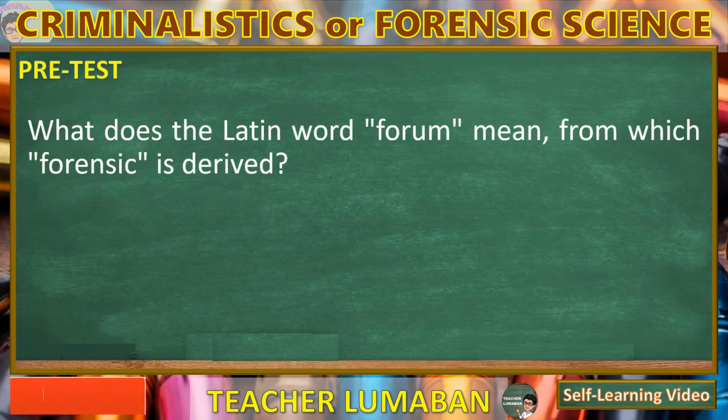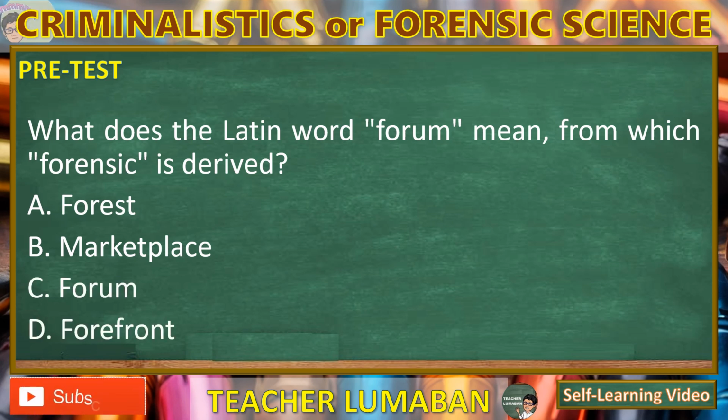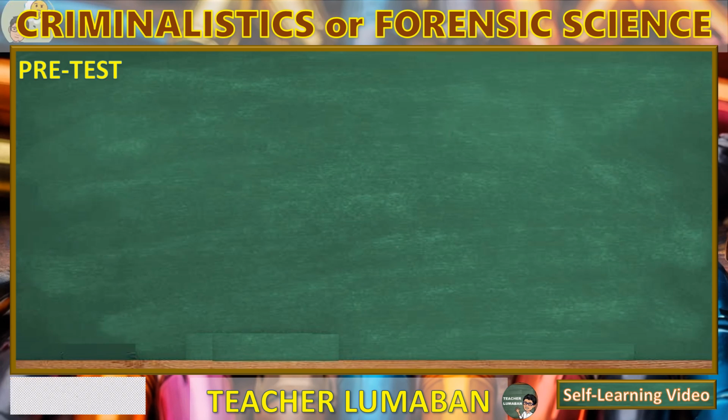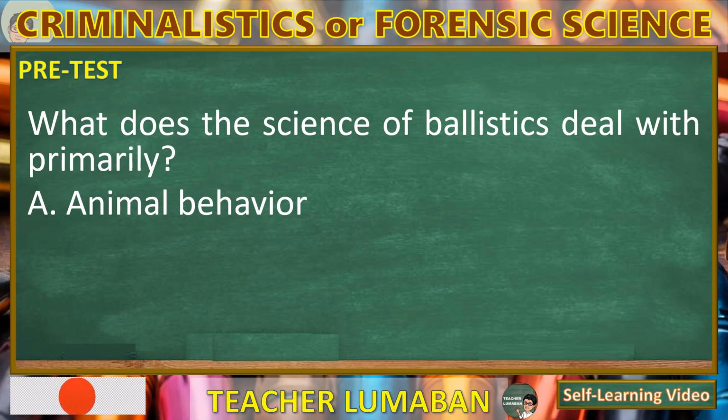What does the Latin word forum mean, from which forensic is derived? A. Forest. B. Marketplace. C. Forum. D. Forefront. What does the science of ballistics deal with primarily? A. Animal behavior.